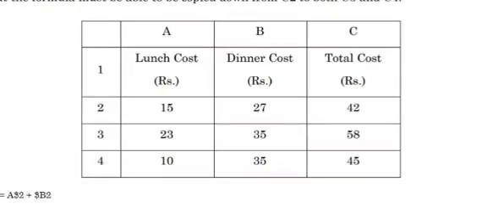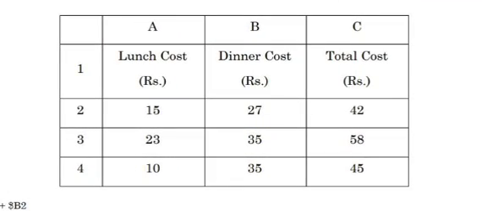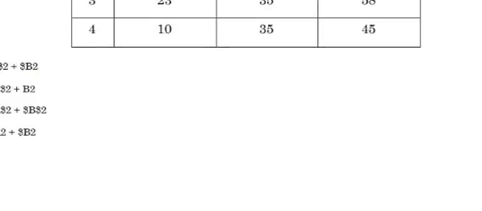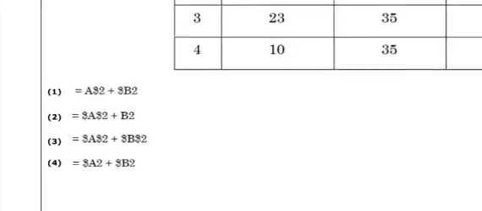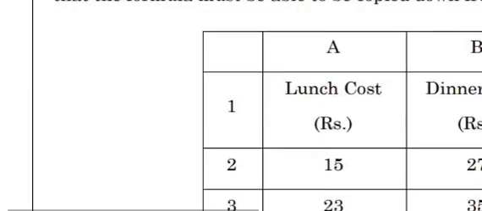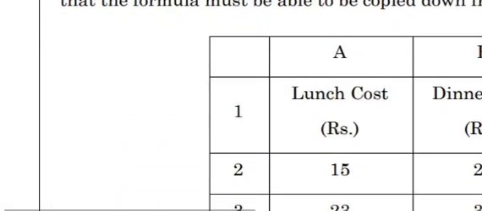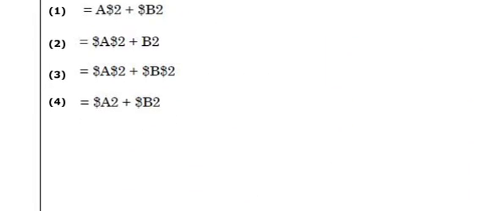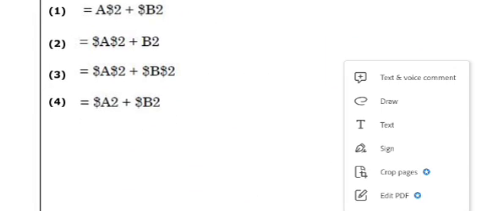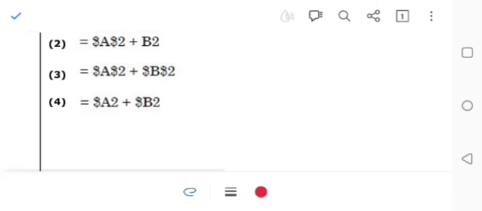So this is the chart: rows 1 2 3 4, columns A B C, lunch cost in rupees, dinner cost in rupees, total cost in rupees. Values 15 23, 10 27, 35 35, 42 58, 45. So these are the options we have got. For 35, the correct option will be D, $A2 plus $B2.